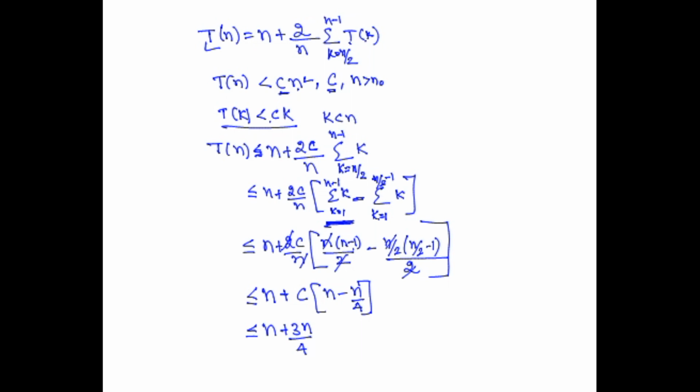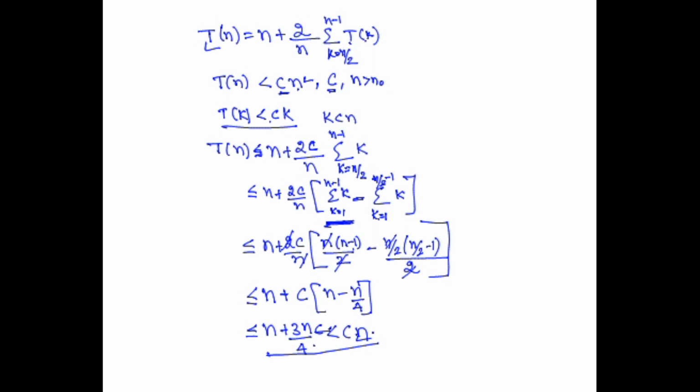So we want this to be smaller than c times n, right? So we want to choose a c such that T(n) is smaller than c times n. So we want to see what values of c I should choose so that n plus 3n into c divided by 4 is actually smaller than c times n.